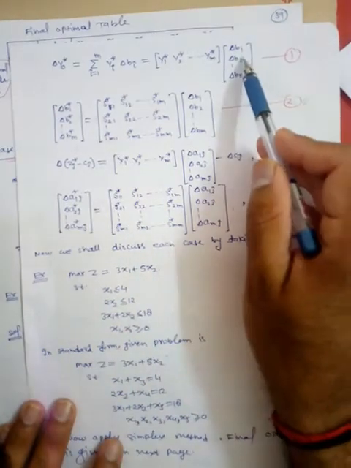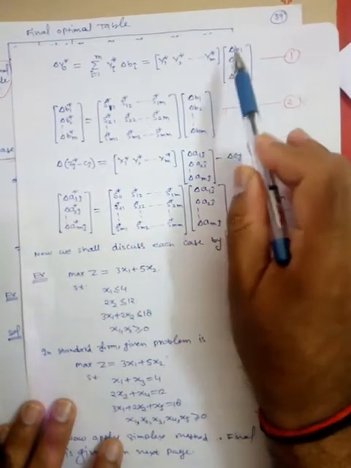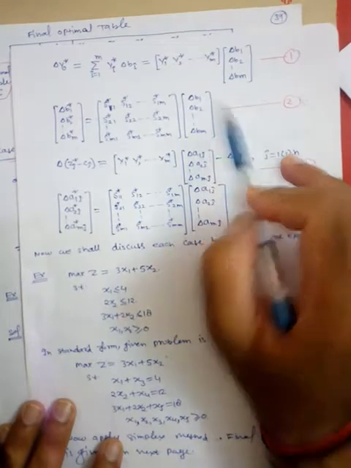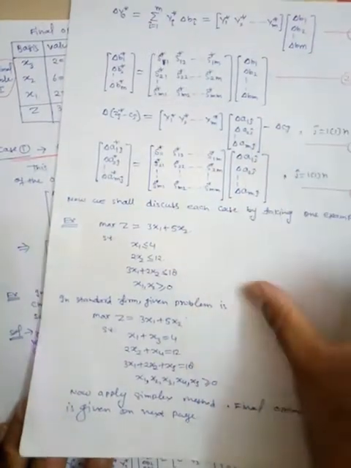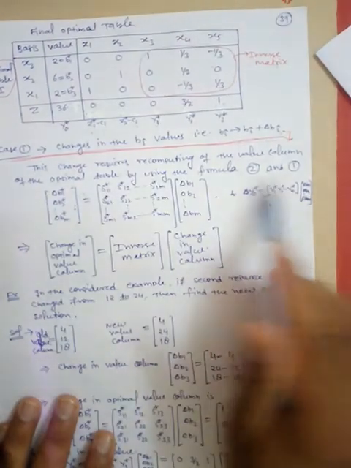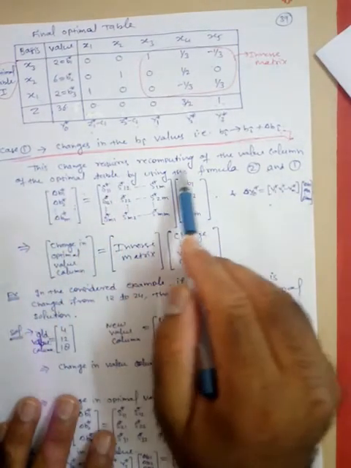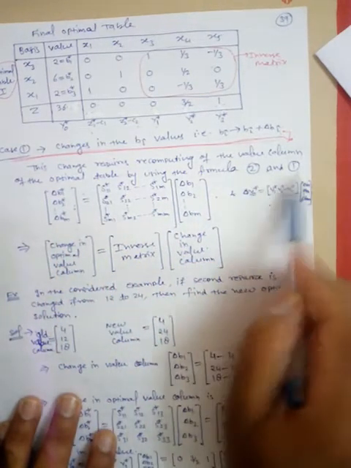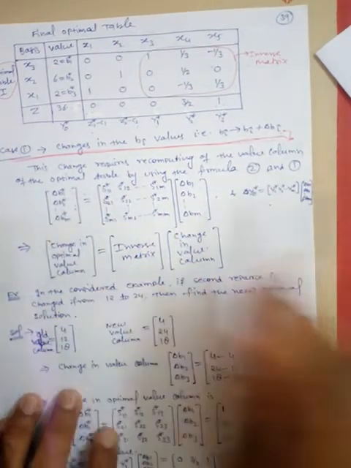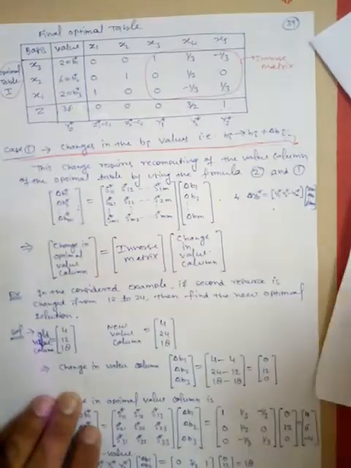That's why we will use only formula number 1 and formula number 2. This change requires recomputation of the values of the column by using formula number 2 and then formula number 1.